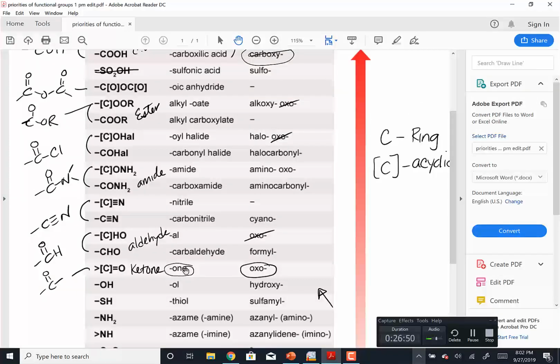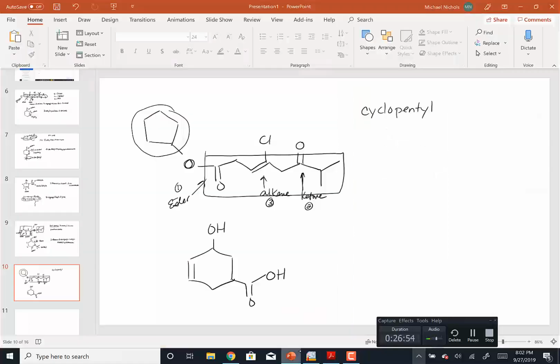When it's not the highest priority group, it is an oxo group. So therefore, this ketone is going to be an oxo group, and I'm going to throw it in the alphabetized list of substituents, and it's going to go there in that list.